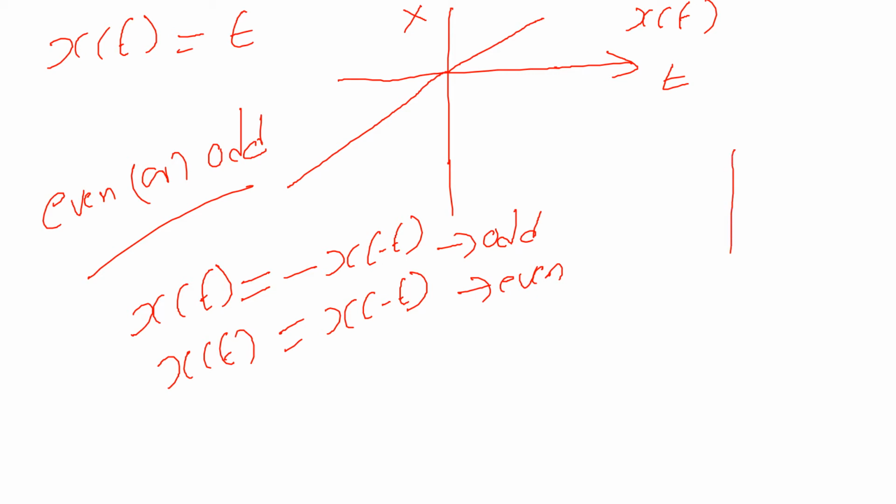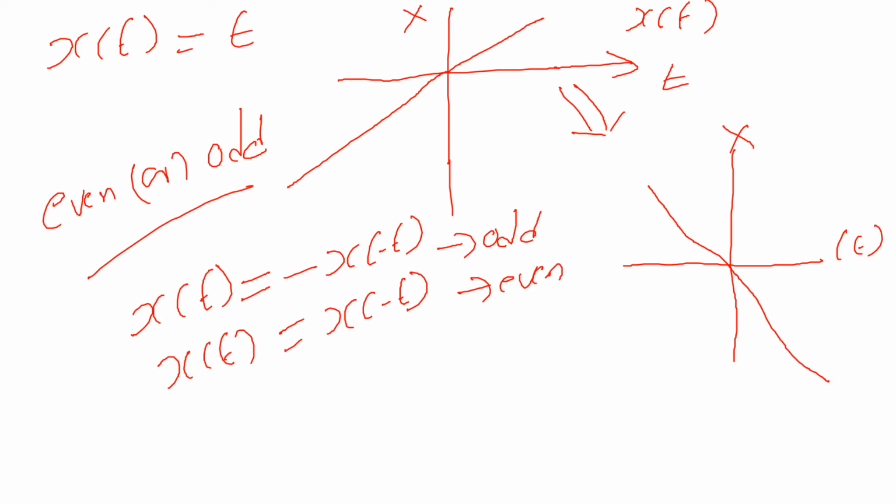So let us try to time invert this particular signal. What will be the resultant output? This is going to yield something like this, right? This is x and this is t. So in order to get back the original signal, what I have to do is time invert it. Sorry, in fact, we have to amplitude invert it, right?